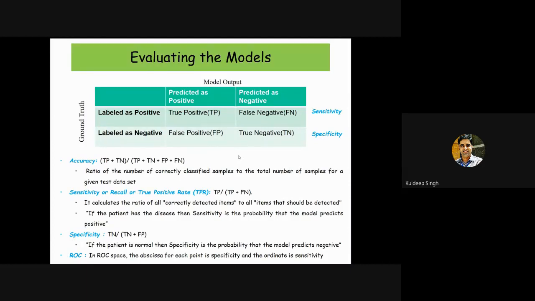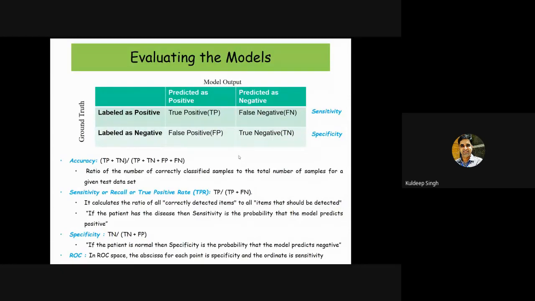That means in ground truth, whatever images are labeled as positive, out of those images, which ones have been predicted as positive by the model. So that is related to sensitivity. Similarly, specificity is related to the negative ones. Out of the images labeled as negative, which ones are predicted as negative by the model? It's the ratio of true negatives to the total images labeled as negative.